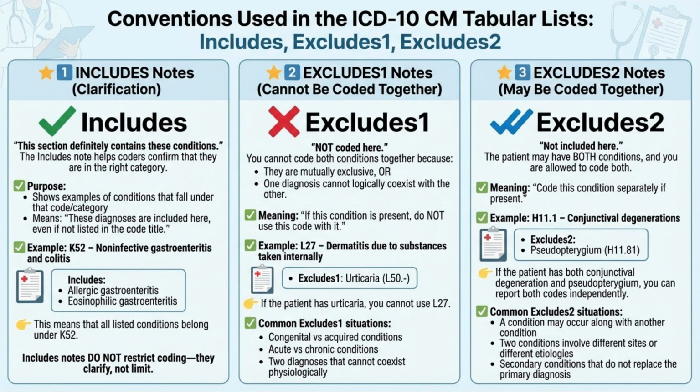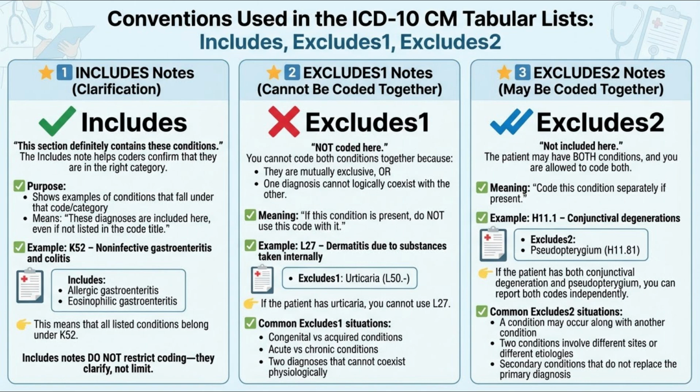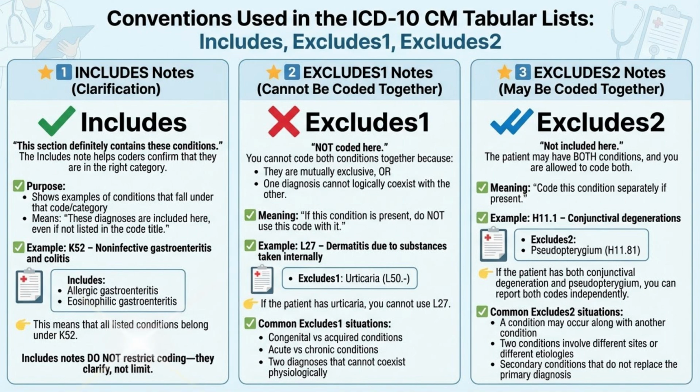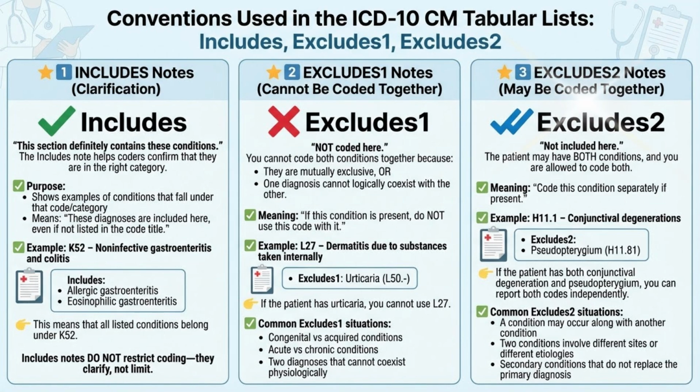If one is present, the other cannot be coded. Excludes 2 means you can code both conditions. They're separate issues that may happen at the same time. So remember, includes equals clarification. Excludes 1 equals cannot code together. Excludes 2 equals may code together.